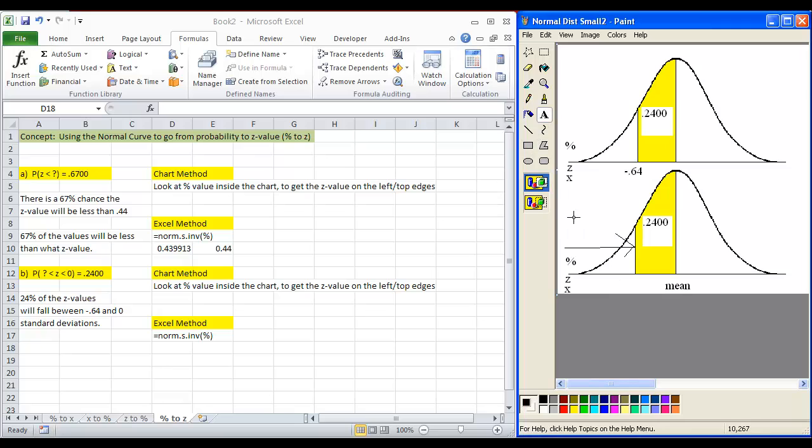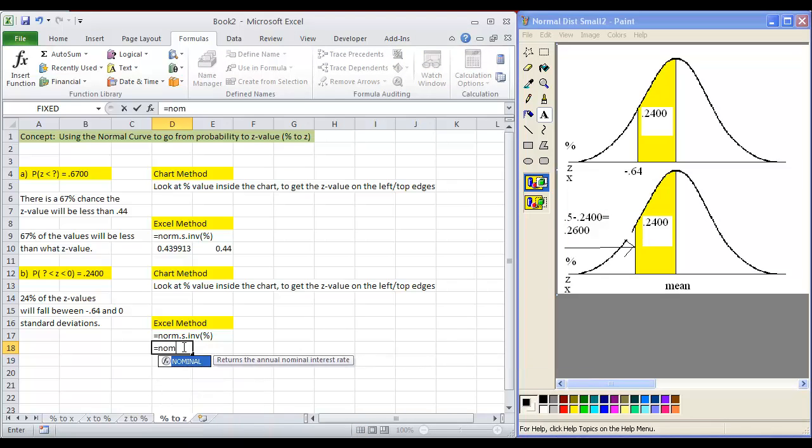In doing that, we need to go, okay, well, that's going to be 0.5 because 50% is on each side, minus 0.2400. It's going to give us 0.2600, right? So if we were to put in equals norm.s.inv, and we put in 0.2600, we would get negative 0.64.